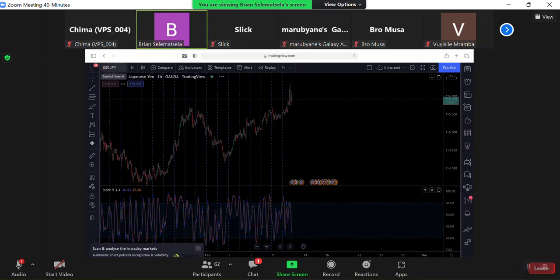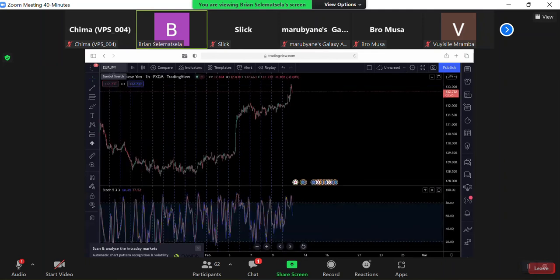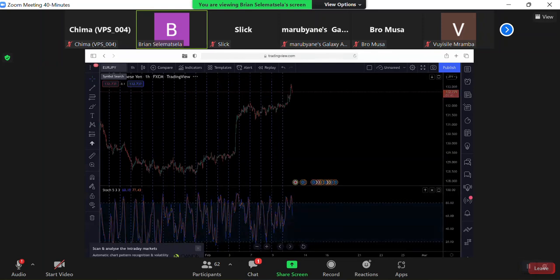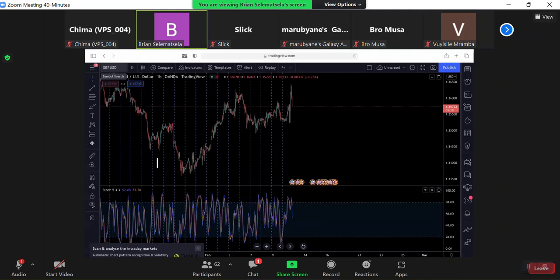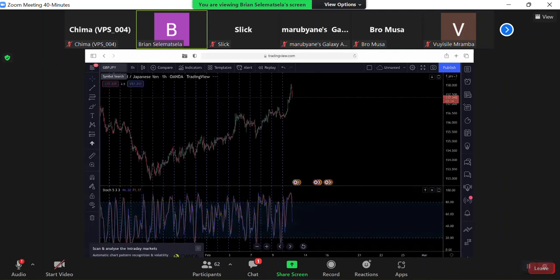But at the end of the day, news events do not affect our trade, because if you can spot your footprints properly, you'll be able to see what needs to be done.